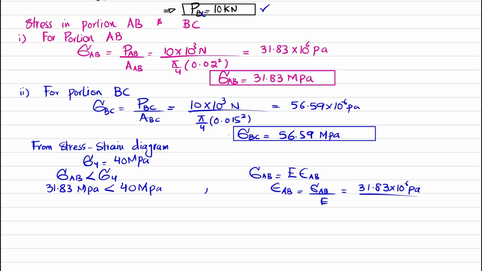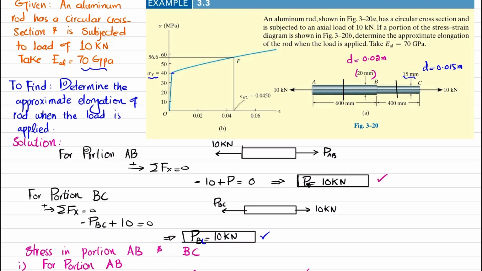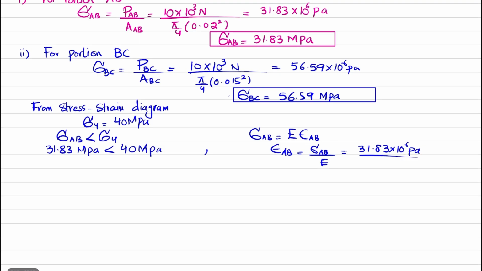And E is given as 70 gigapascal, so I can write 70 into 10 to the power 9 Pascal. So when you solve this, strain in portion AB will be equal to 0.0004547. You can also write millimeter per millimeter, or this is simply just a number.